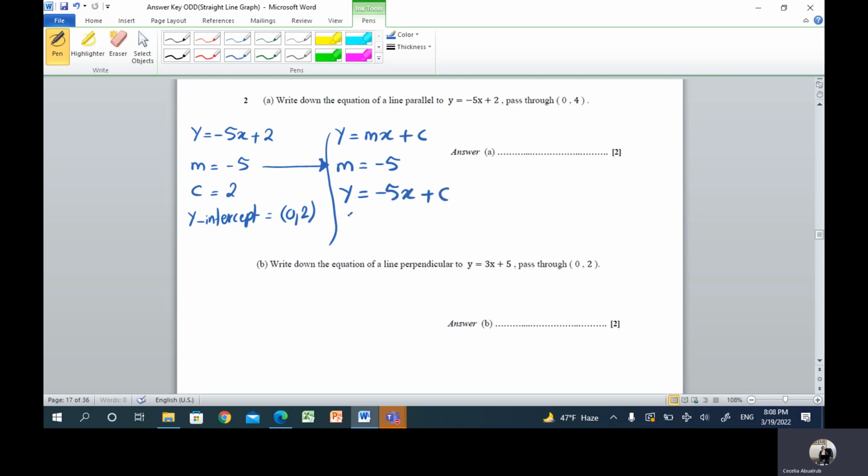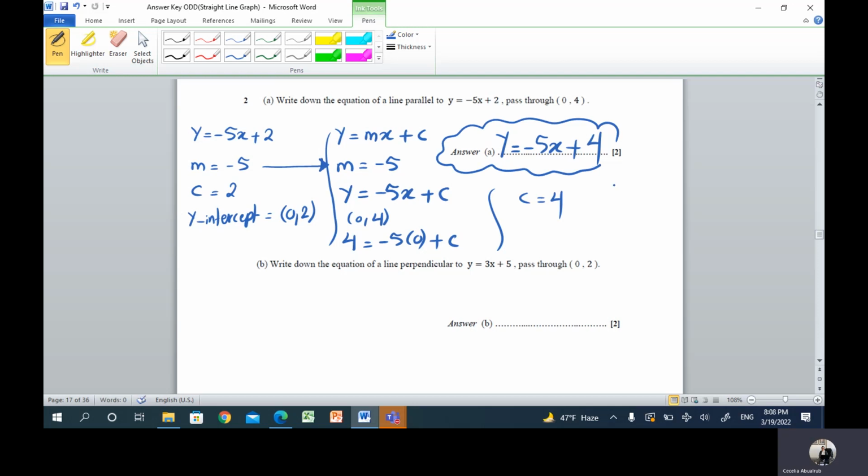Since the line is passing through 0, 4, I'm going to substitute y as 4 and x as 0. So c will come down to 4. So the equation of the line is negative 5x plus 4.